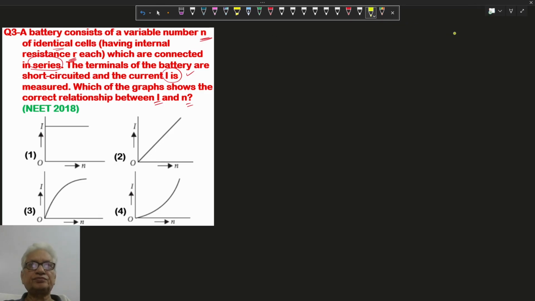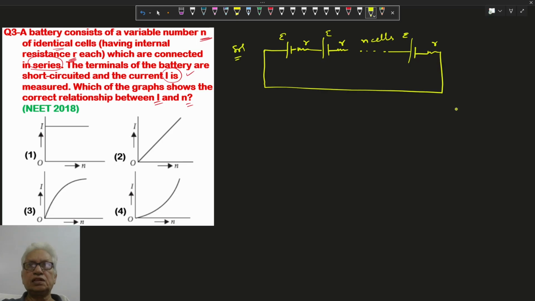So let us say we have taken n identical cells and they are shorted. Current I is flowing. So what is I here? nE divided by nR, n cancels out, so E upon R.